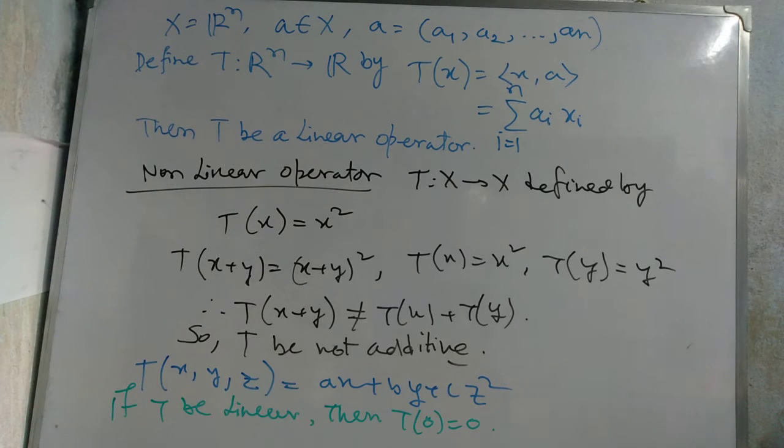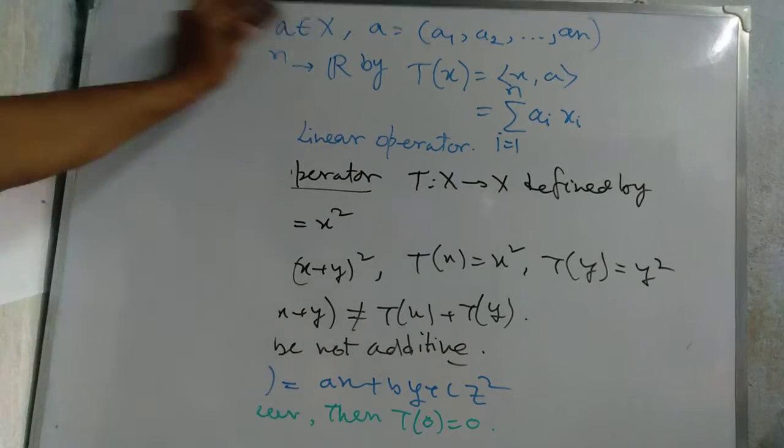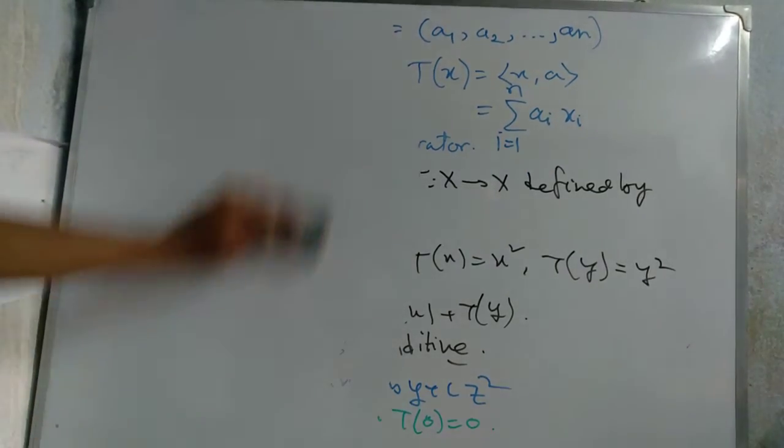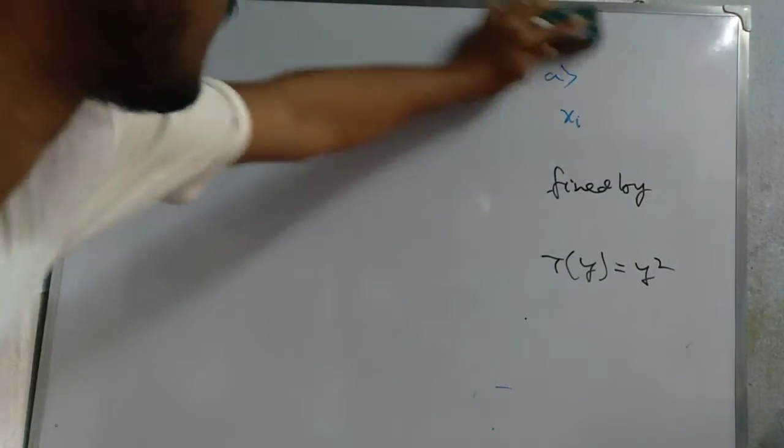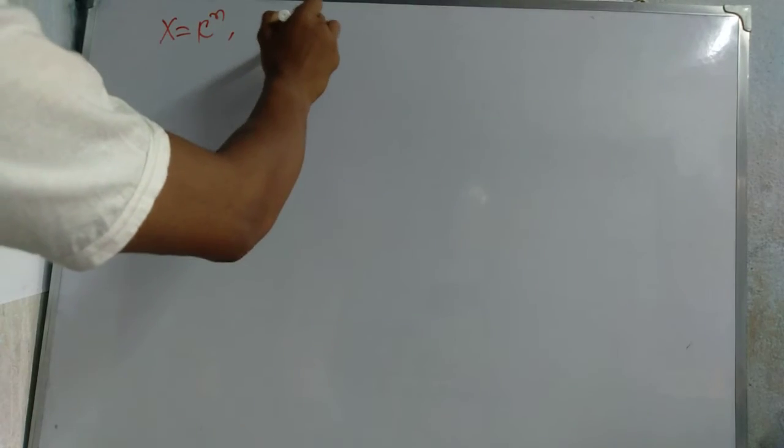We are also going to another example. We erase this portion and go to another example. Here we write X equal to C to the power n, Y equal to C to the power m.